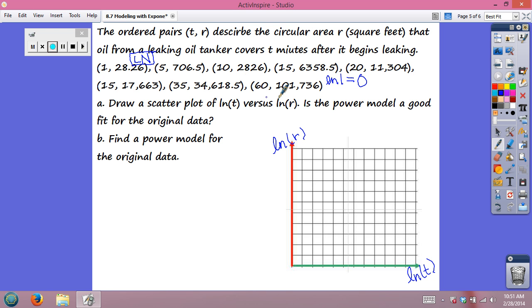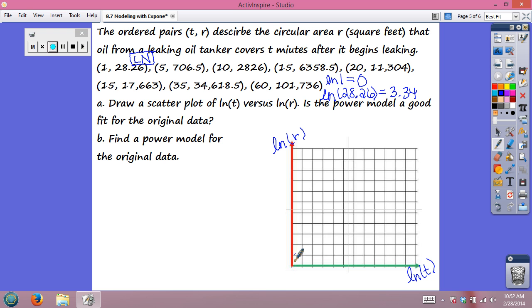And ln of 28.26 equals 3.34. So what we're going to do is plot all of these points into our graph.